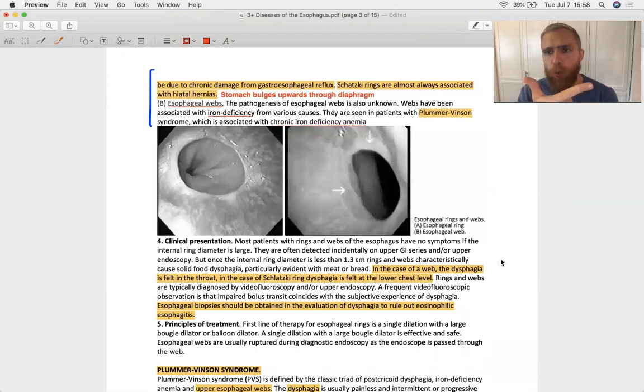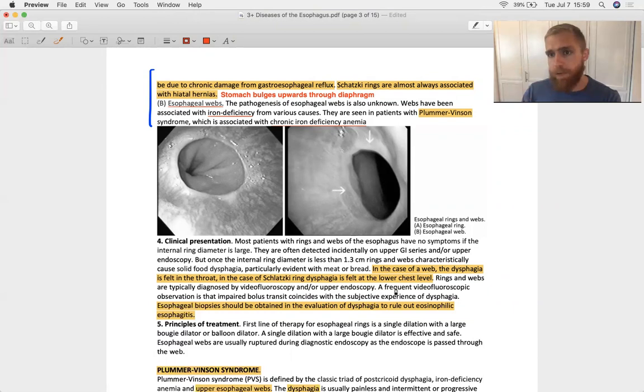So rings and webs both cause dysphagia, the subjective experience of a difficulty swallowing. Webs tend to be in your upper proximal esophagus, and rings tend to be in your distal esophagus, felt in the lower chest retrosternally.